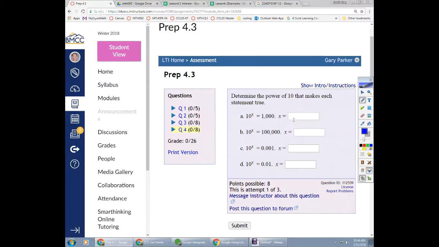Not 2, 10 to the second, that'd be 10 times 10 or 100. Third power, yeah, and check on your calculator. 10 to the third power, that's a 1 with 3 zeros. All right, so here I have 100,000. How many zeros are there? 5 zeros. So this should be 10 to the 5th power. Double check on your calculator.